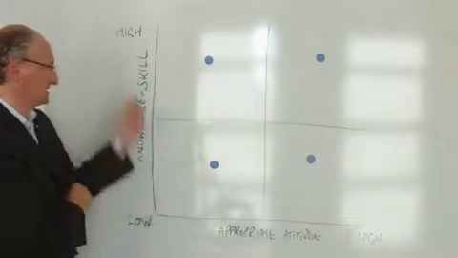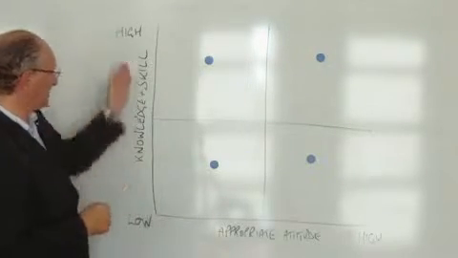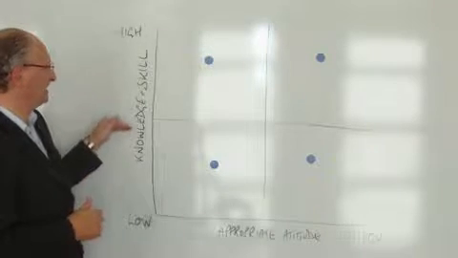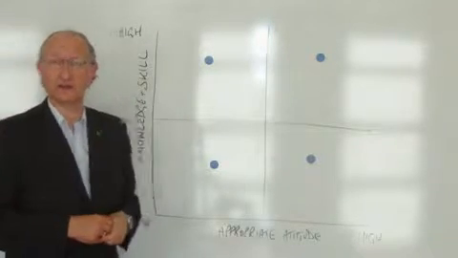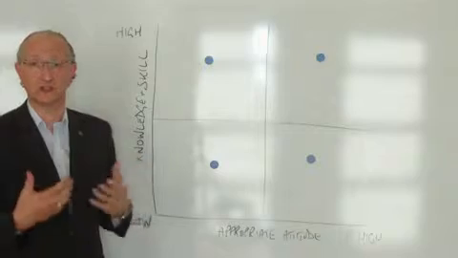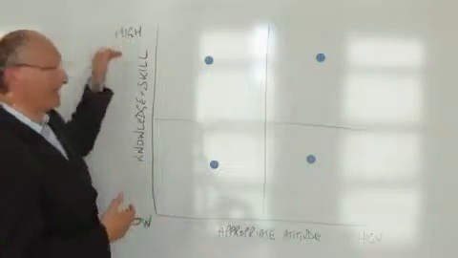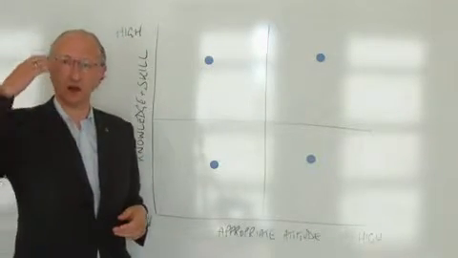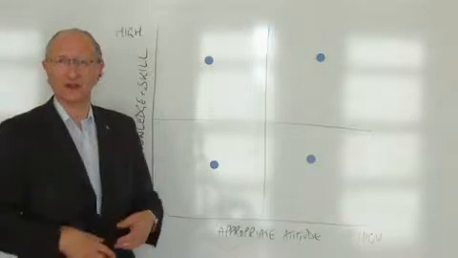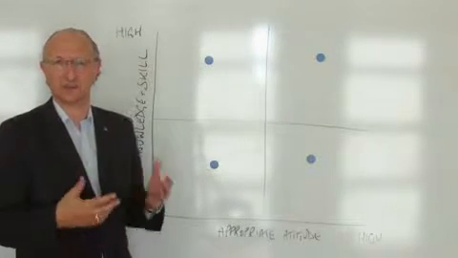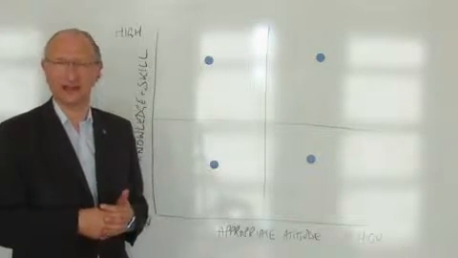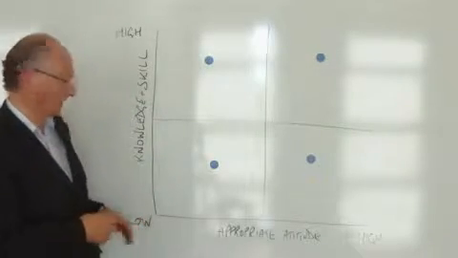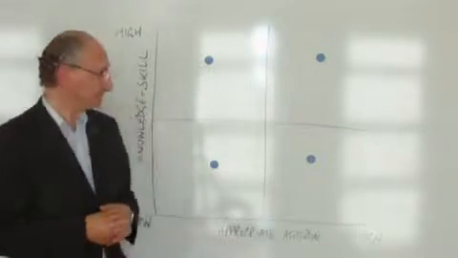Now what we've got here is a simple graph. On this axis it looks at the level of knowledge and skill that the person has got in order to do the job. High knowledge and skill would mean that they've got everything they need to know and all the physical skills and abilities to fulfill that function. If they had low knowledge and skill, then they wouldn't.